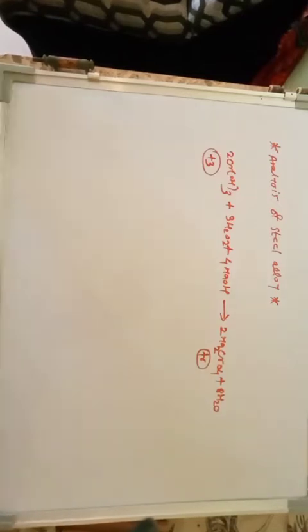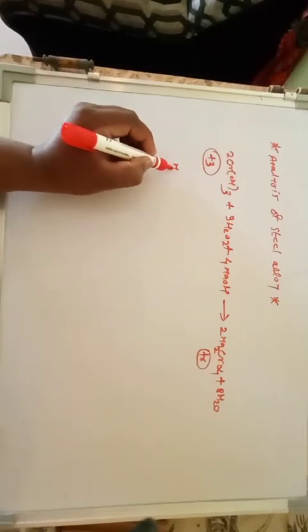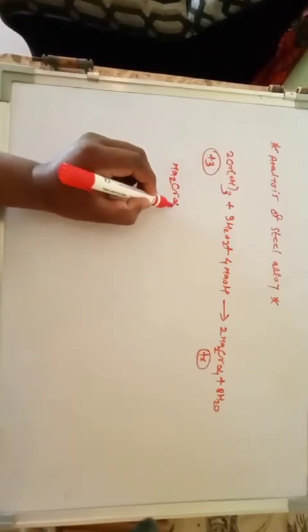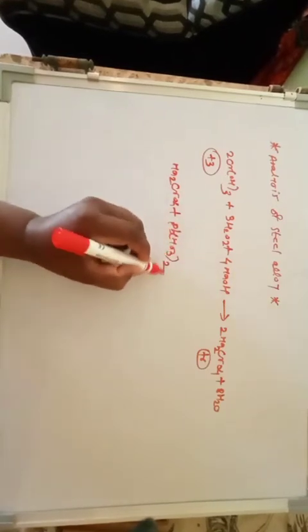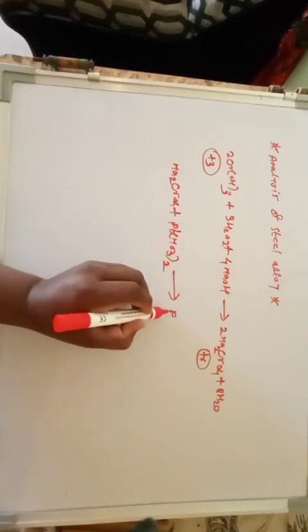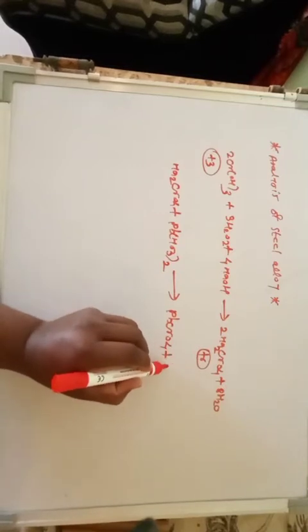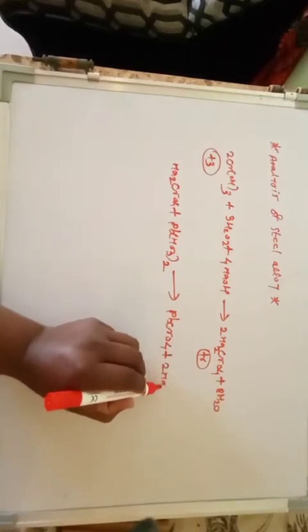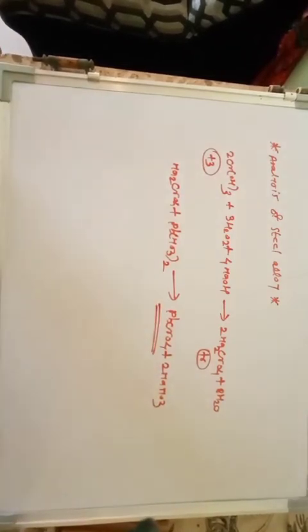Then this sodium chromate Na2CrO4 reacts with lead nitrate Pb(NO3)2, and it converts into lead chromate PbCrO4 plus 2NaNO3. So finally it is converted into lead chromate PbCrO4.